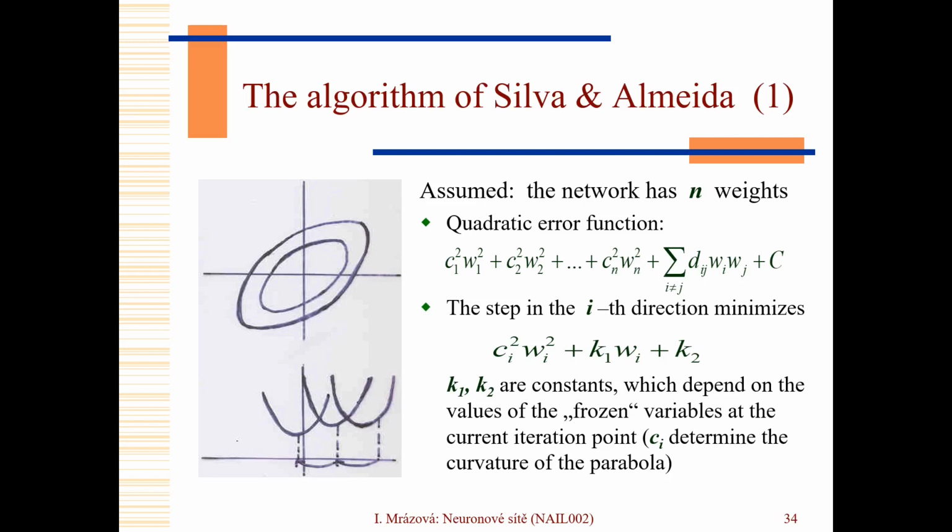And ci would then determine the curvature of the parabola. So in this case, the error function could be approximated by a quadratic function and would have the shape of a ball.